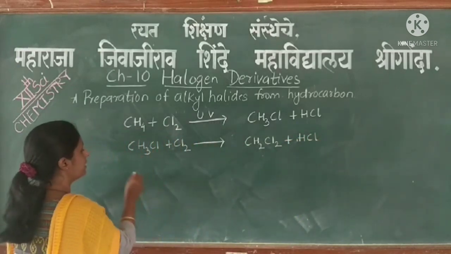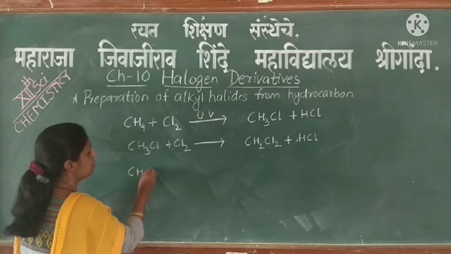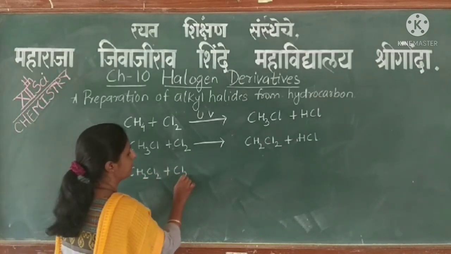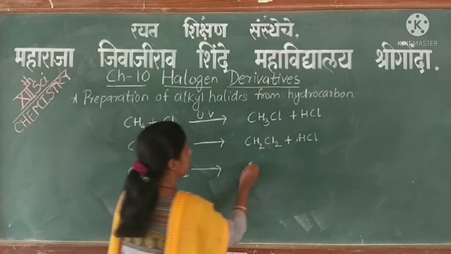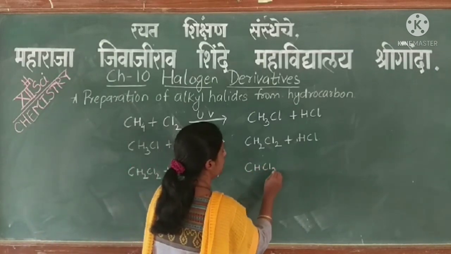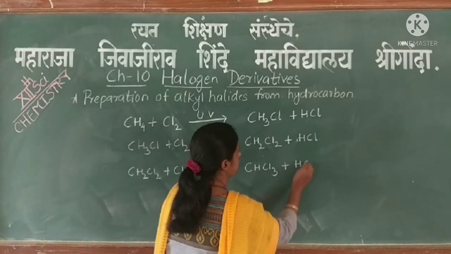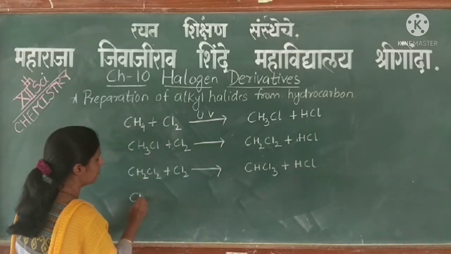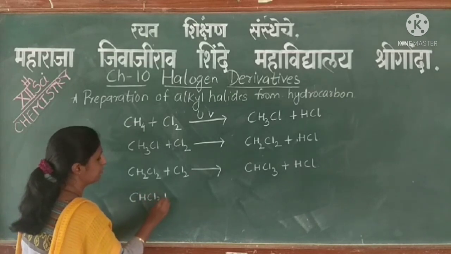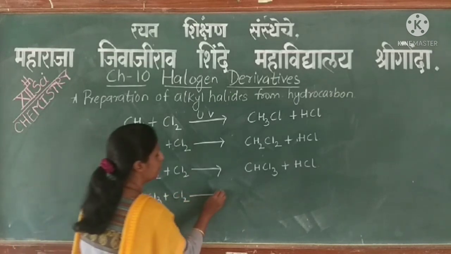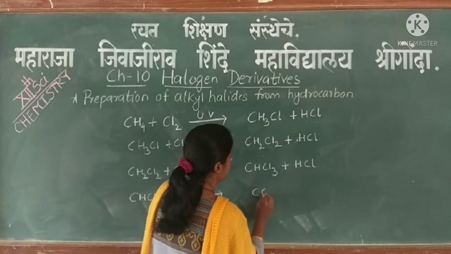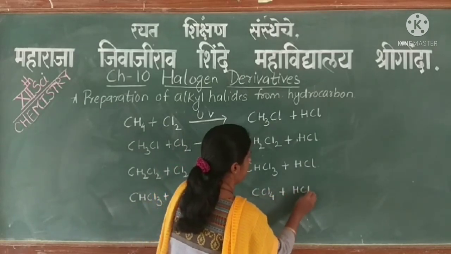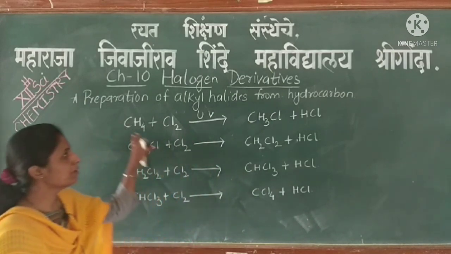This dichloromethane again reacts with the next molecule of chlorine to give you trichloromethane, and this trichloromethane again reacts with chlorine to give you tetrachloromethane.